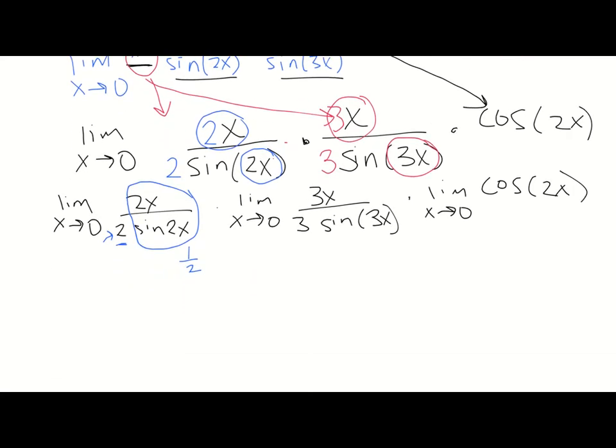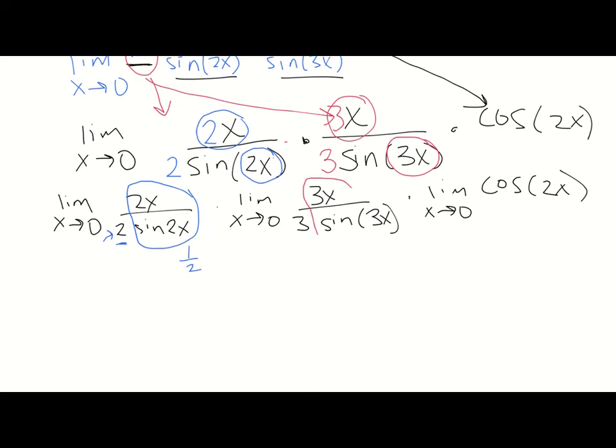And then this second piece, the limit as x goes to 0 of 3x over sine 3x is also going to be 1, and then we have this leftover 3 in the denominator, so that one's going to evaluate to 1/3. Okay, and then this last limit here, if we plug that in, that's going to be cos of 0, which is equal to 1, so multiplied by 1 at the end. So our limit is going to be 1/2 times 1/3 times 1, so it's just going to be 1/6.